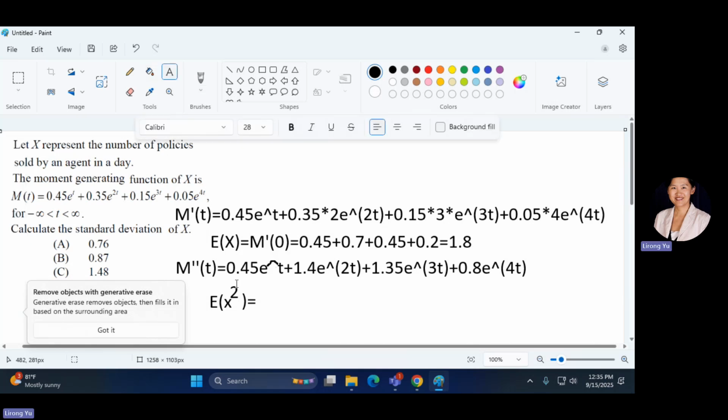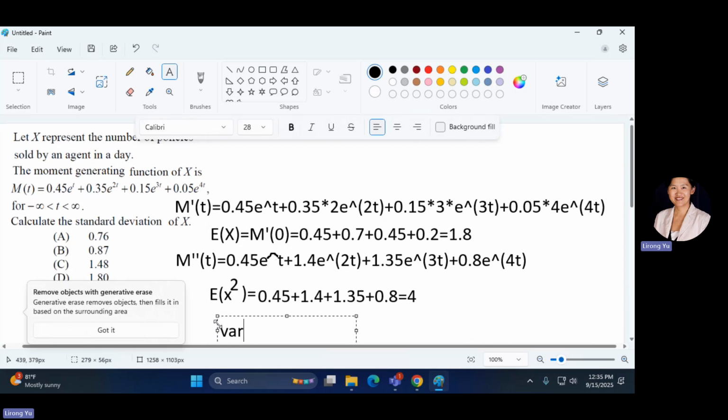When we do that, it looks like 0.45 plus 1.4 plus 1.35 plus 0.8, which is 4. So then the variance is equal to the subtraction 4 minus 1.8 squared. That's the variance, right?